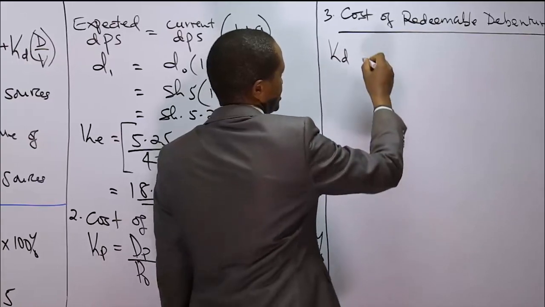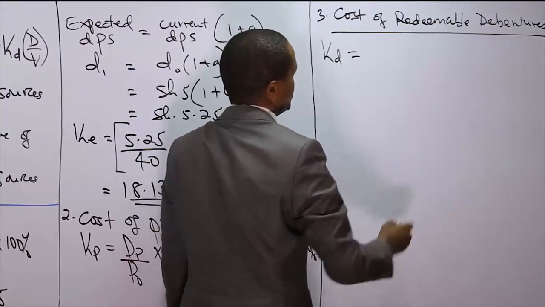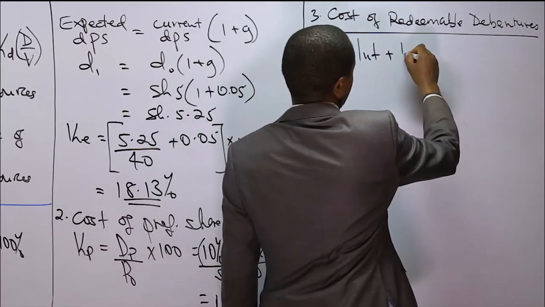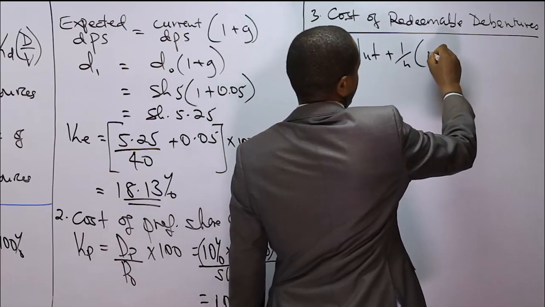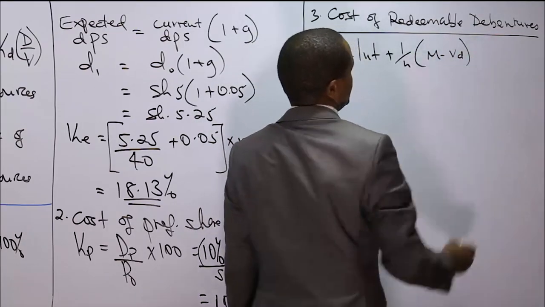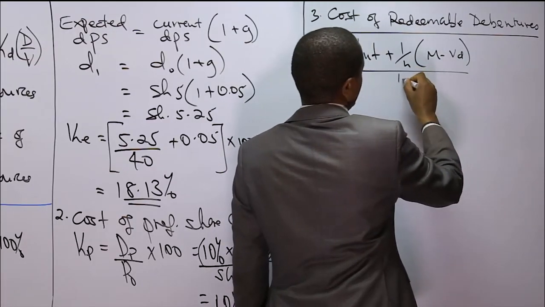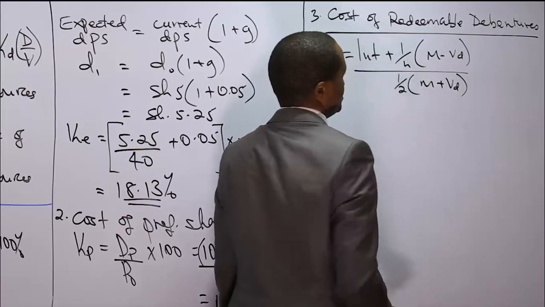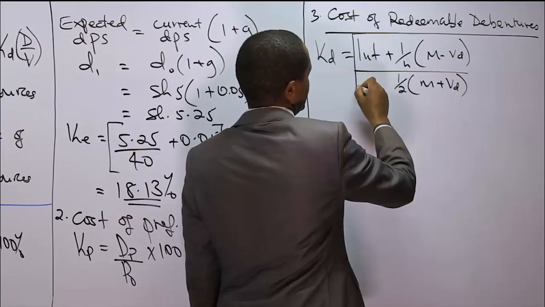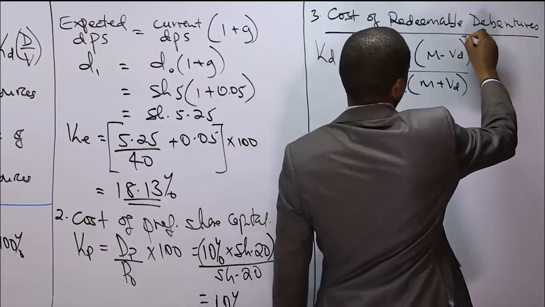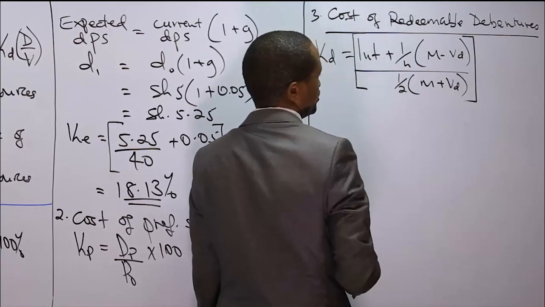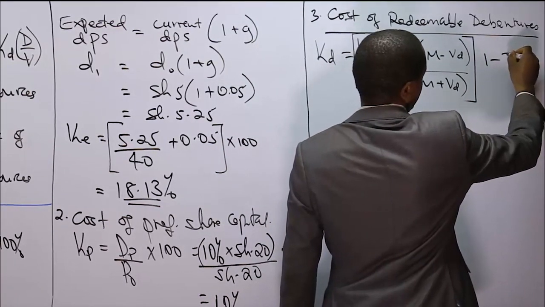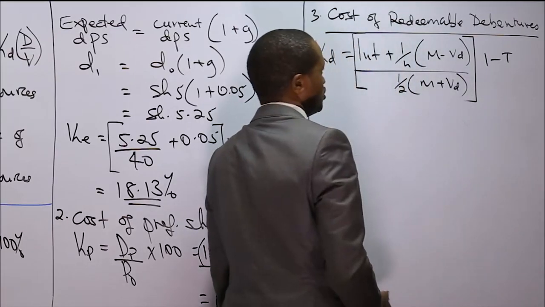And we saw in our last lesson that KD is equal to the interest plus 1 over n into M minus VD over 1/2 M plus VD. So this is the cost of debt before tax. After tax, we apply 1 minus T, where T is the corporation tax.